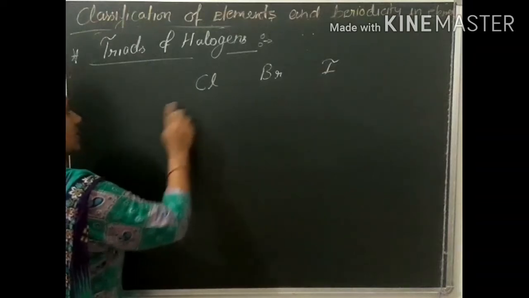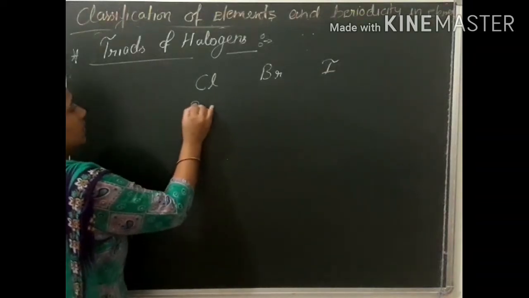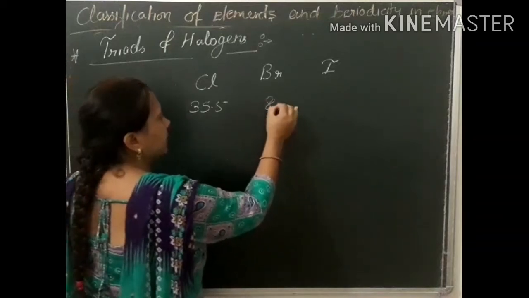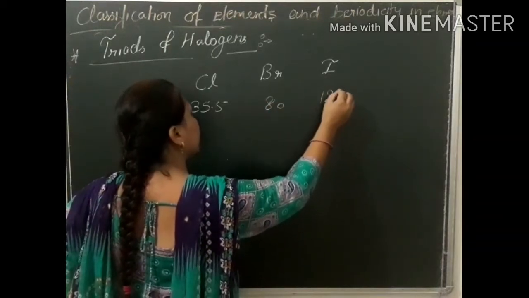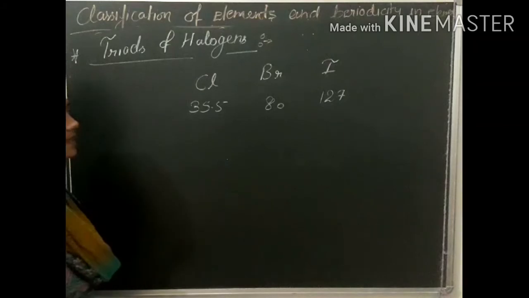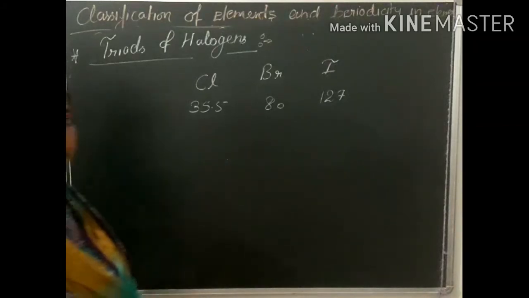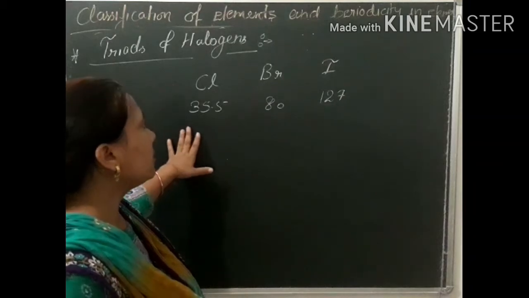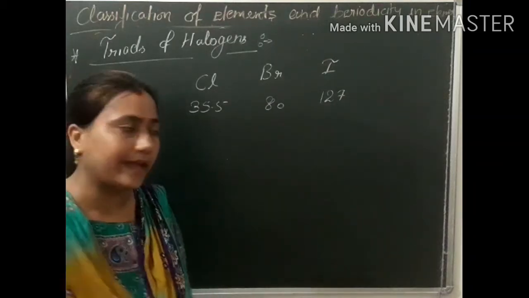The mass of chlorine is 35.5, the mass of bromine is 80 and the mass of iodine is 127. He says that the mass of the middle element is nearly equal to the arithmetic mean of the first and the third elements.